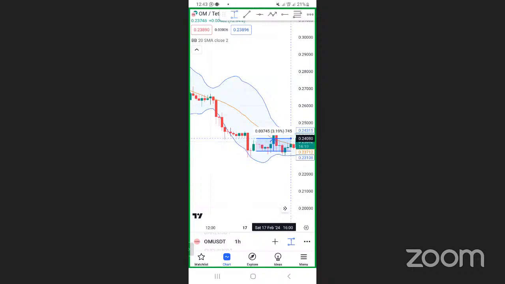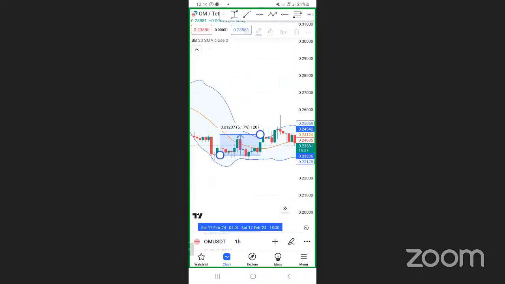You see, that would give you 3%. In how many hours? 1, 2, 3, 4, 5, 6, 7, 8. Those are 8 hours. But if you targeted 5%, it would be like 10 hours. It can be one day to take 5%.